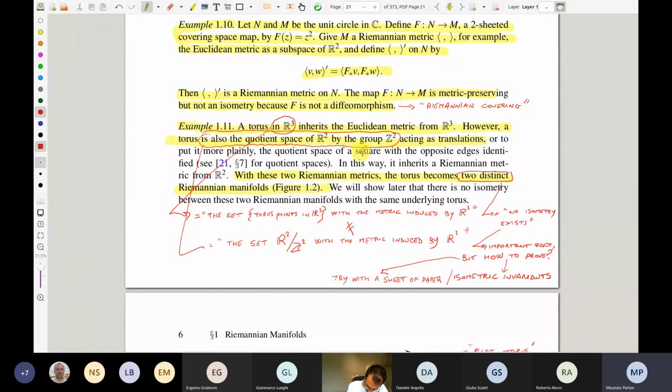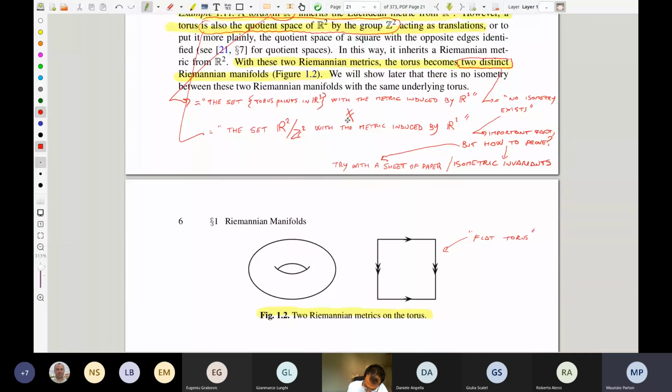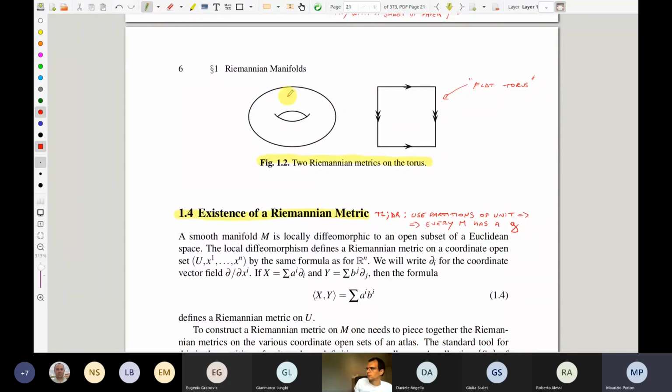Yeah, there are examples, and I want to show you this example about the torus in R3. You probably know this submanifold of R3. It's the donut. Okay, it's called a torus, and this is the shape you see of the torus when this is embedded in R3.